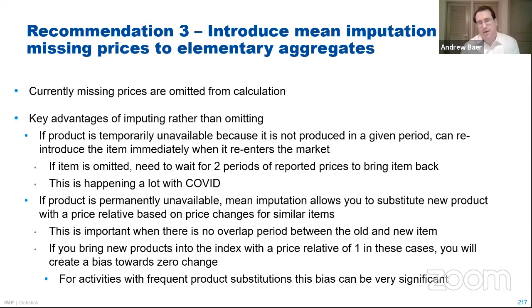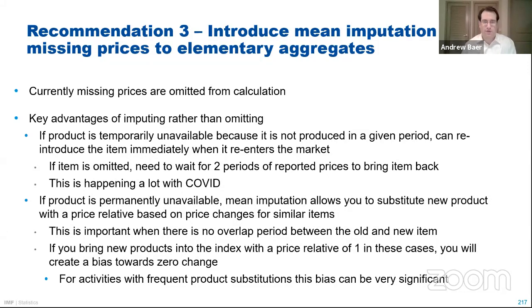And then my third recommendation is also something we've talked about this week, and I've kind of gone back and forth in my mind a little bit about it, but I do think it makes sense at some point in the future to introduce mean imputation of missing prices to the elementary aggregates.